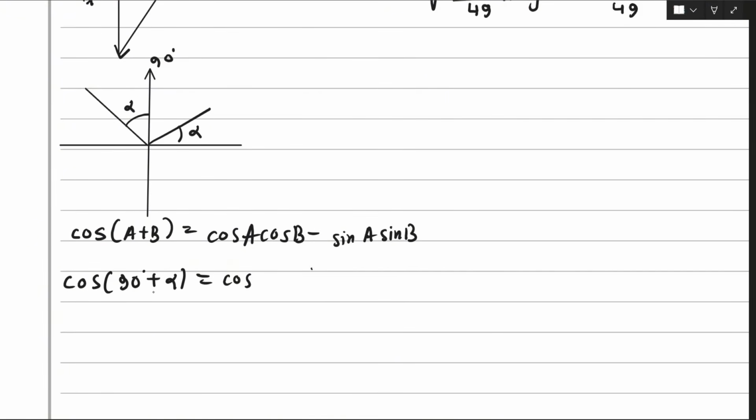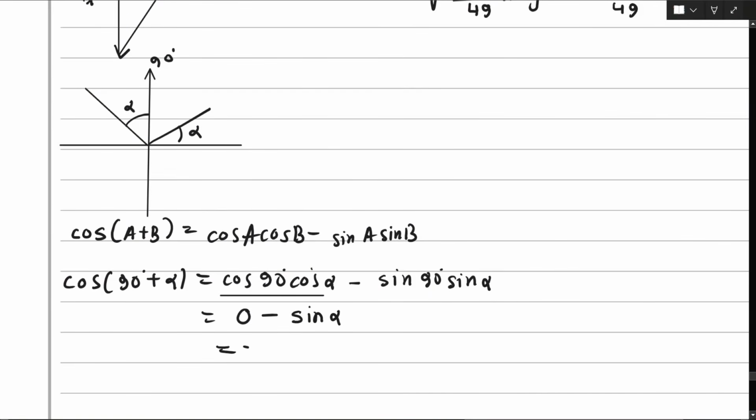So we have cos 90 into cos alpha minus sin 90 into sin alpha. Now simplifying this, we know that cos 90 is equal to 0. So this whole term becomes 0. So we have 0 minus sin 90 into sin alpha. We know that sin 90 is equal to 1. So 1 into sin alpha is equal to sin alpha. So what we see here is that cos 90 plus alpha is basically minus sin alpha.